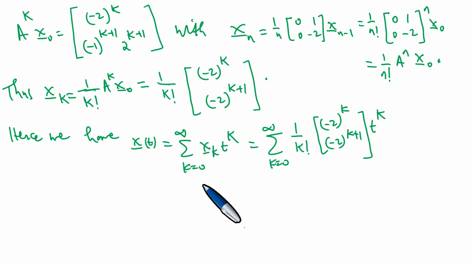This is pretty much towards the end of this. Can we do some factorizations here? Yes, we can. What can we factor out of this? The common factor from the matrix is minus 2 to the power k.